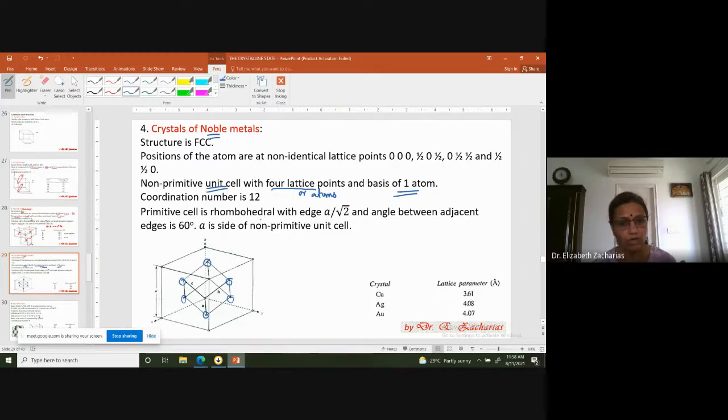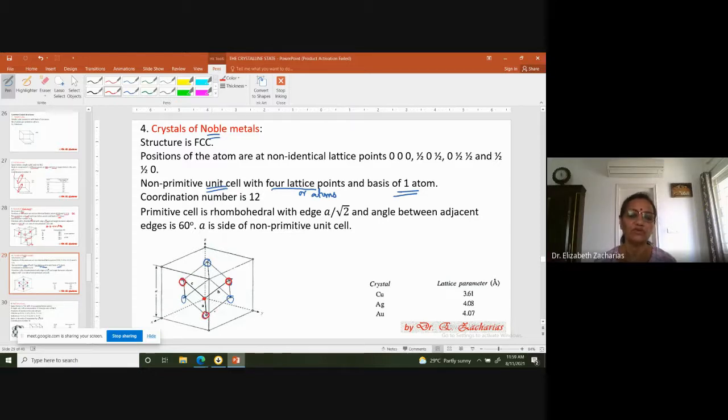Now you can draw a primitive cell for this. Because it's non-primitive, we can draw a primitive cell. So as usual, take a corner and then connect it to the 3 nearest face centers, not body centers now, because it is FCC. Connect to the 3 closest face centers.